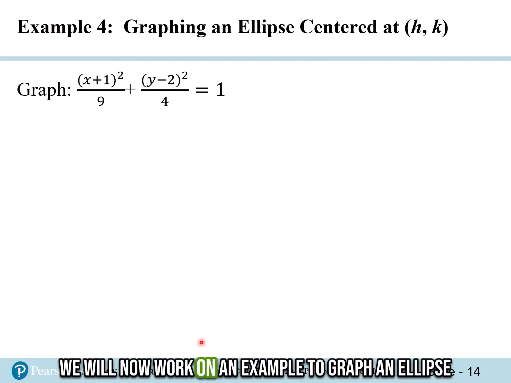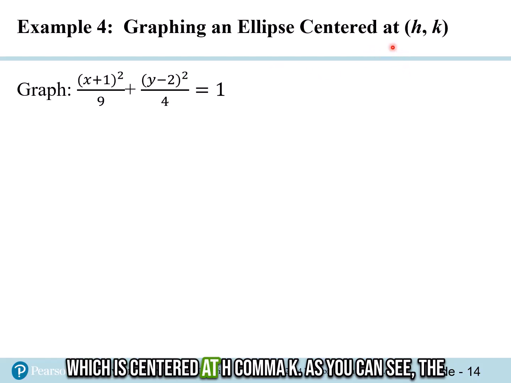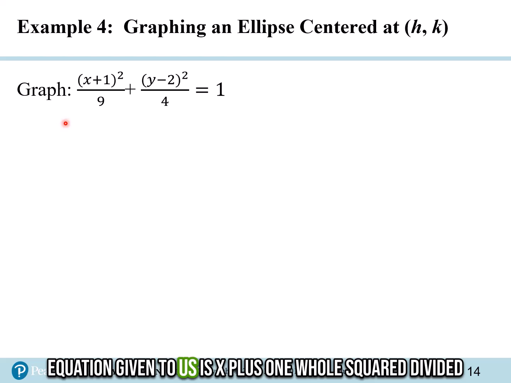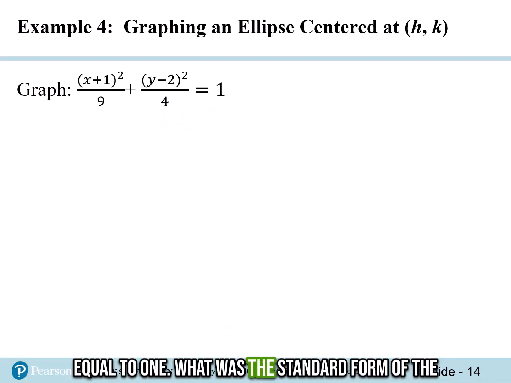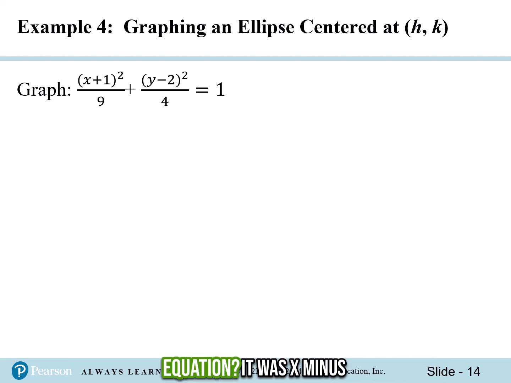We will now work on an example to graph an ellipse which is centered at h, k. As you can see, the equation given to us is x plus 1 whole squared divided by 9 plus y minus 2 whole squared divided by 4 is equal to 1. What was the standard form of the equation?